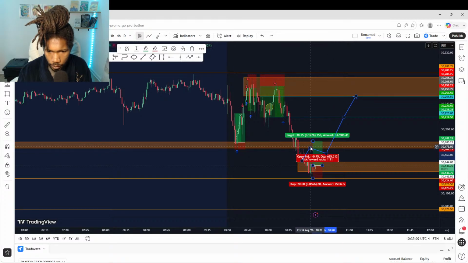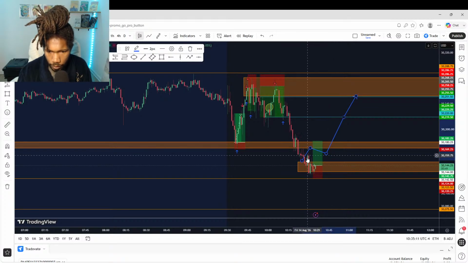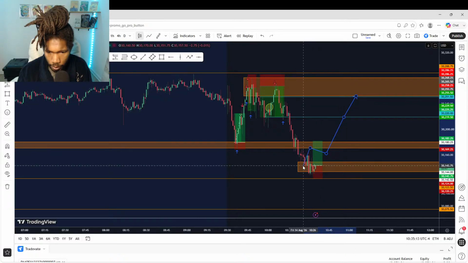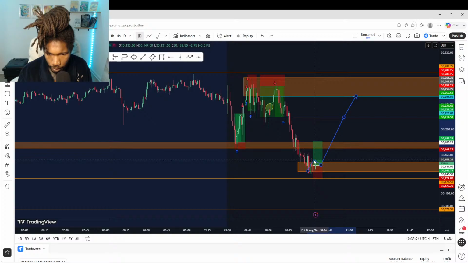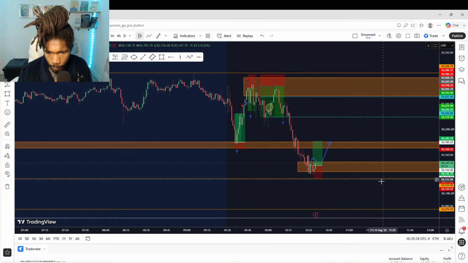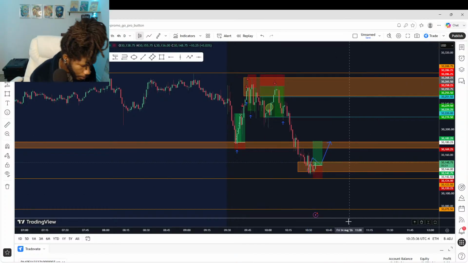So now, let's take that off. Now we need price to break above, retest, like it's doing right here. Retest. And then take it to this high. That'd be a nice move.